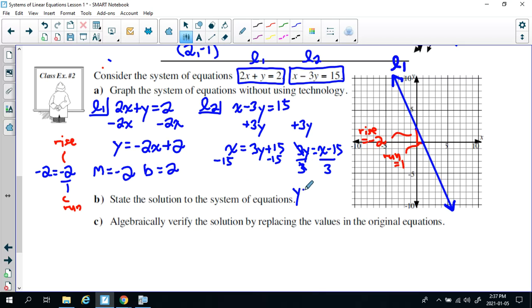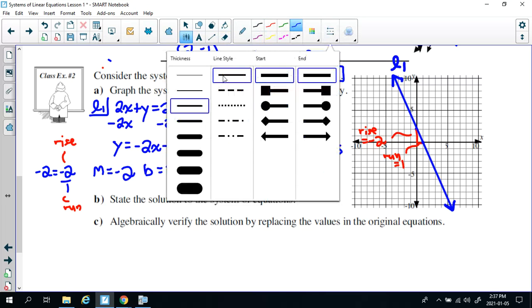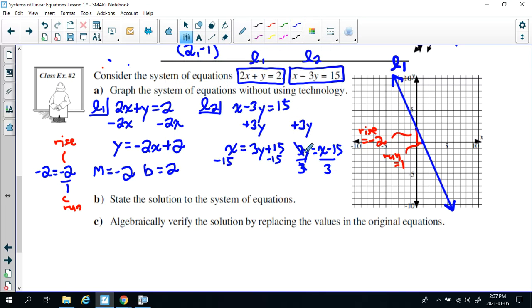And then I would have y would be equal to, let's do it over here. Okay, so then this would be y is equal to, x over 3 would just be 1 over 3x, and then minus 15 over 3. So again, take each term in the numerator, divide by the denominator, and this would give you an equation that's y is equal to 1 over 3x minus 5.